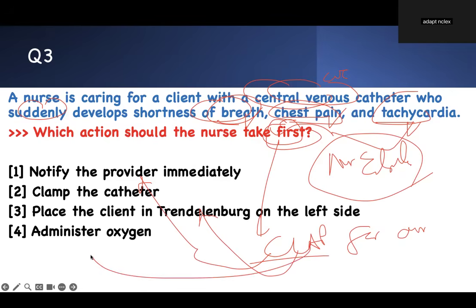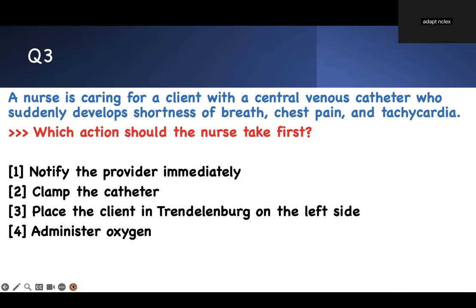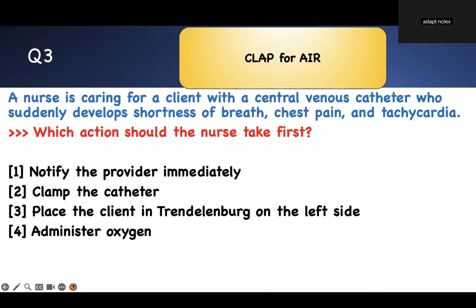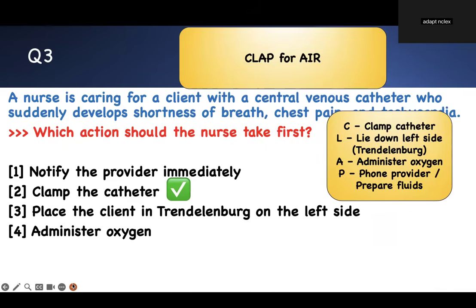A, provide some oxygen. And P, call the doctor. This is how you take care of a patient with air embolism, and that is what we call CLAP for air. Clamp the catheter. The L, lie down on the left side with your head down. A, give them oxygen. P, call the provider and prepare to give them fluid.